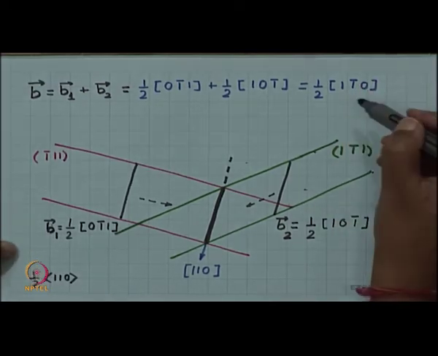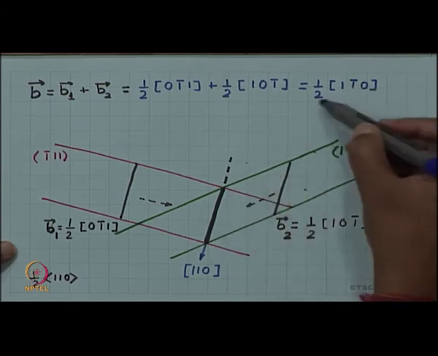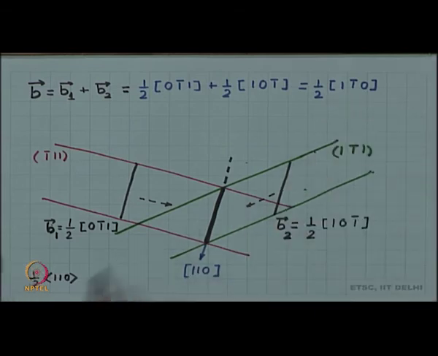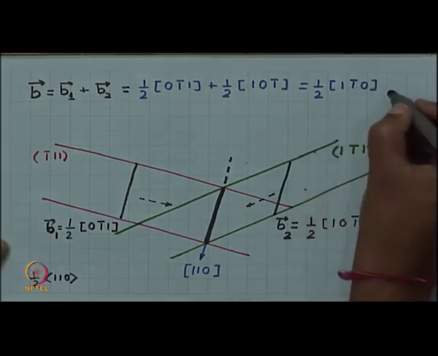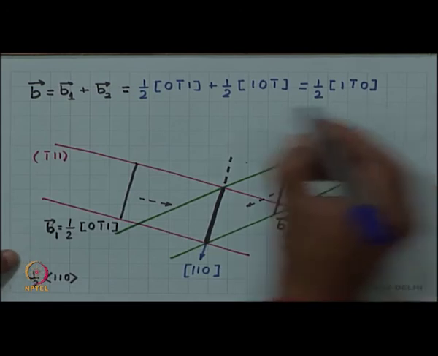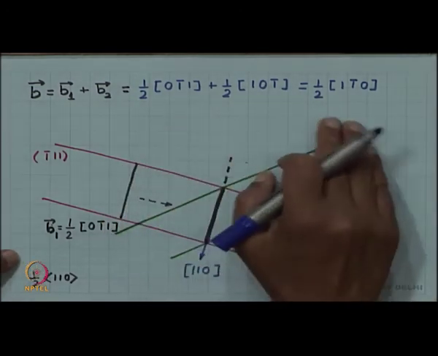So, we see that the new dislocation line is a possible dislocation line in face centered cubic material, because that also belongs to the same family half 1 1 0. So, it is a possible dislocation line, and energetically we see that all these three dislocation lines have the same length.